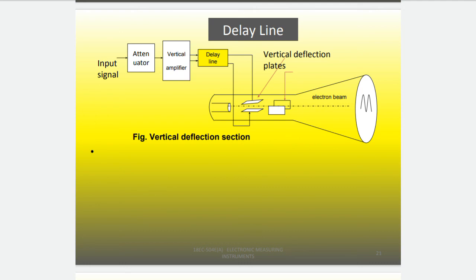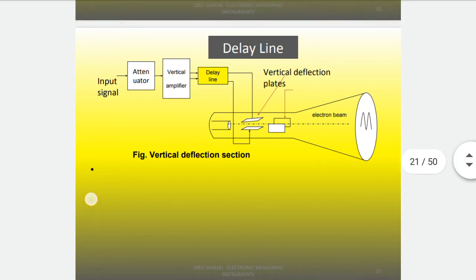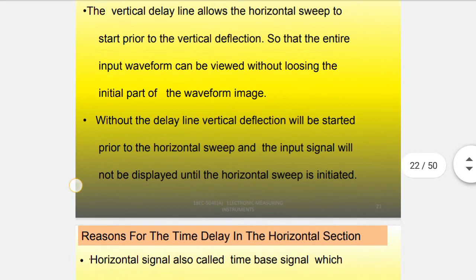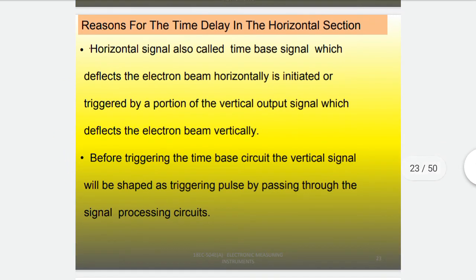That means some part of the signal gets lost. Hence we have to put in the delay line, so that the circuit has some delay. That is the purpose. And the reasons for the time delay lie in the horizontal section.